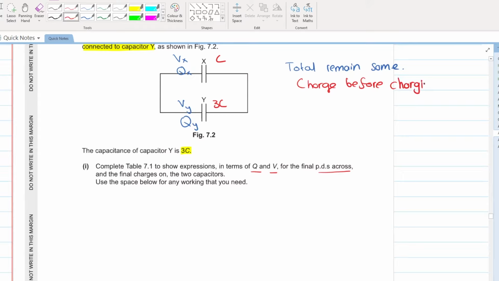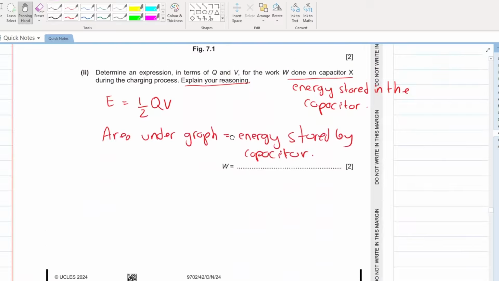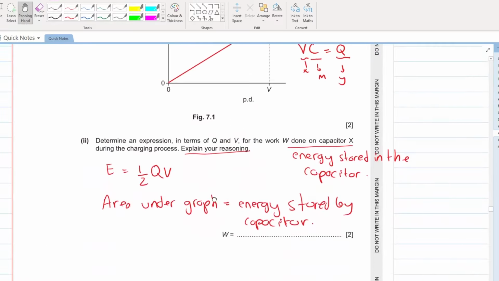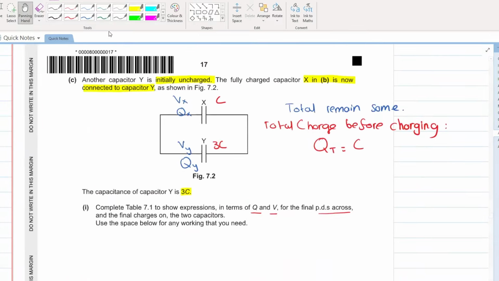What will be your total charge before connecting? Your total charge Qt before will be equal to the capacitance C multiplied by the voltage across capacitor X. That was V. So the total charge before was CV.